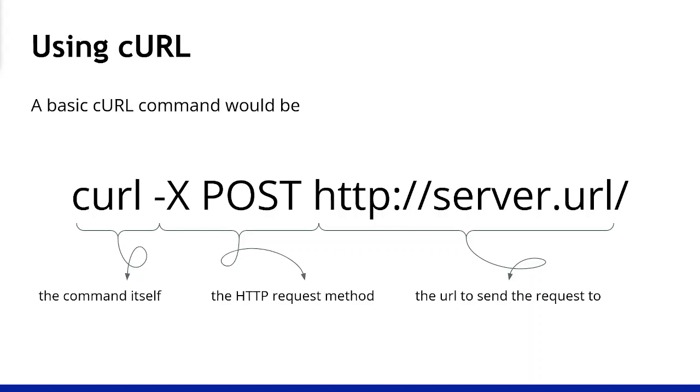So generally, a curl command would look like this, where curl is the command itself. -X POST would be, in this case, specifying an HTTP request method, which basically just tells the server, hey, this is how the data is going to be roughly sent to the server. And then, of course, the URL or IP of the server that we're sending requests to.